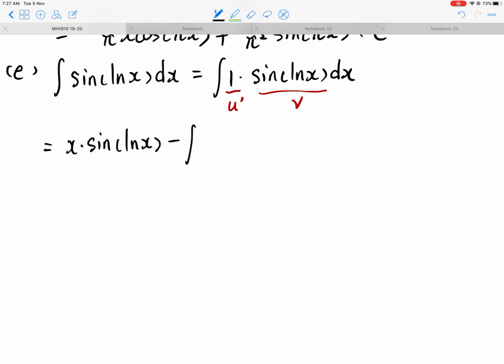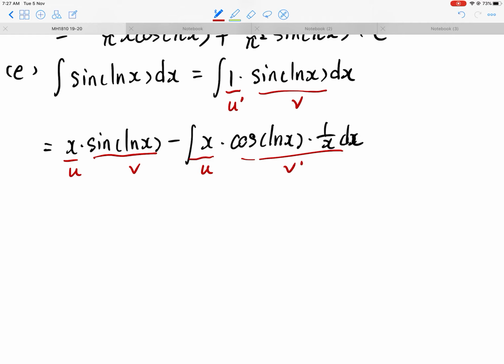Minus the integration of u times this part's derivative, which is cosine ln x times 1 over x. So this is your u, this is your v, this is your u, this is your v's derivative. So it's x sine ln x minus integration of cosine ln x.